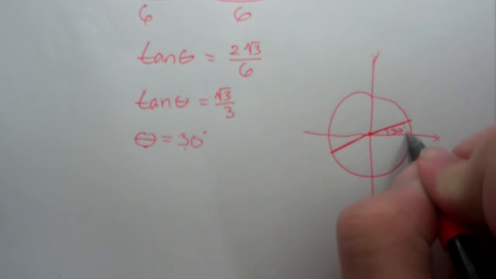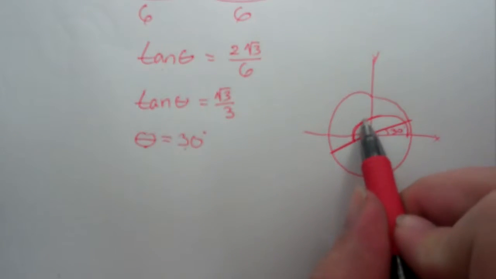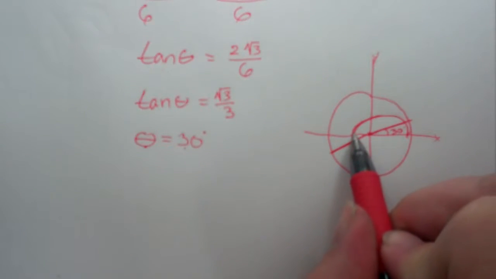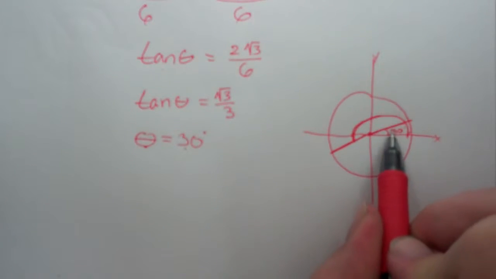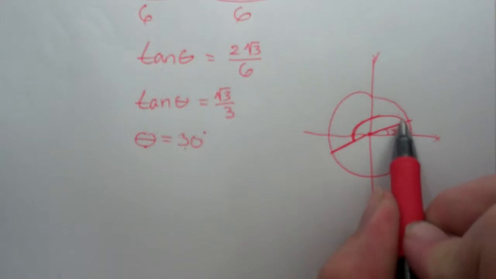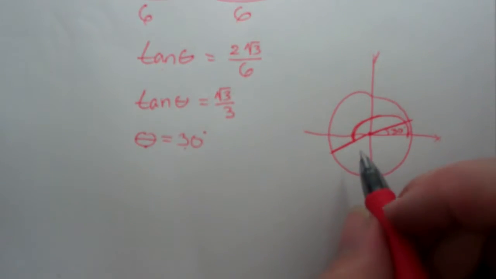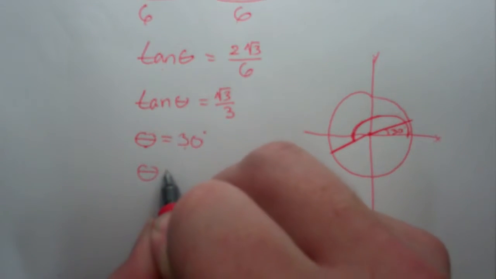Well, what is the size of this larger angle then? This larger angle is the 180 degrees it takes to go from there to there, plus 30 more, since if this is 30, then the reflection means that this is 30. So it is 180 plus 30 more, which is 210, right?